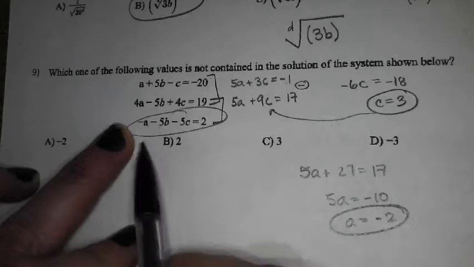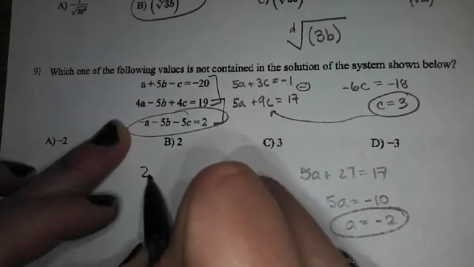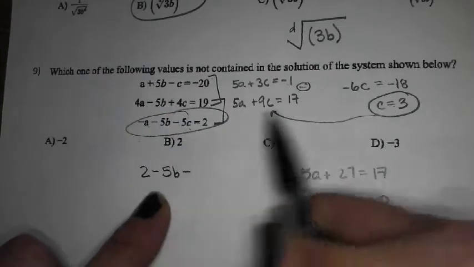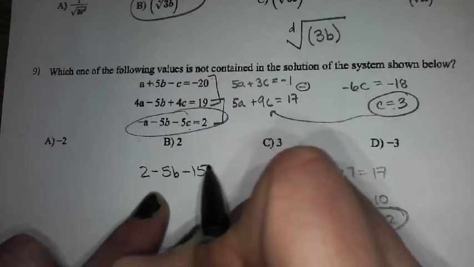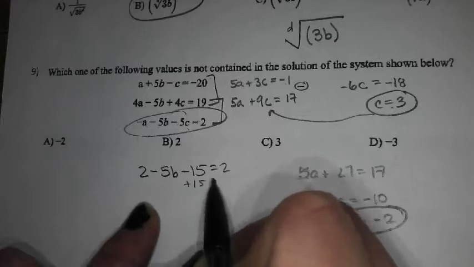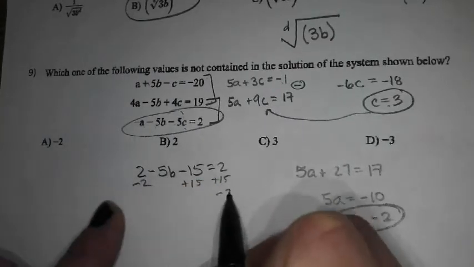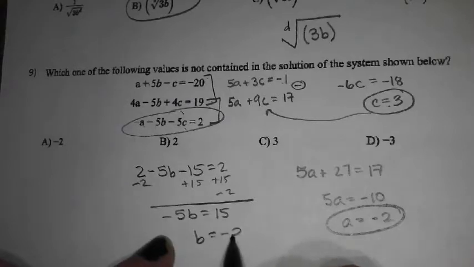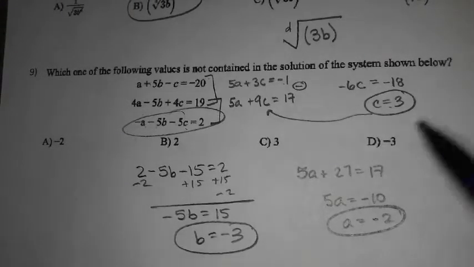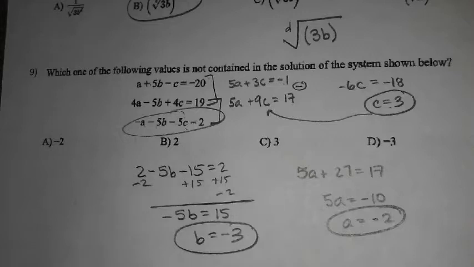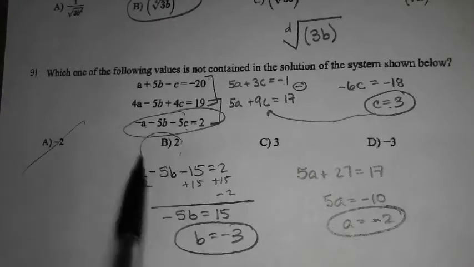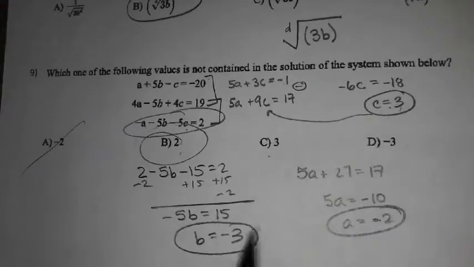If A is -2, then -2 is 2. Minus 5B minus 5 times our C of 3 is 15 equals 2. Add 15 over, subtract 2 over, -5B equals 15. B equals -3. So which one is not contained in the solution? -2 is, 2 is not. 3 is, -3 is.